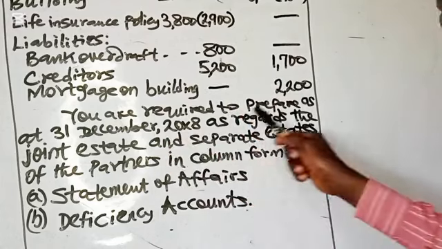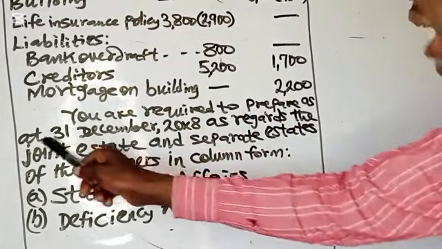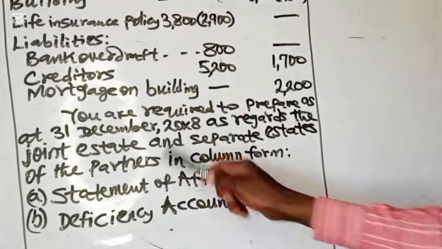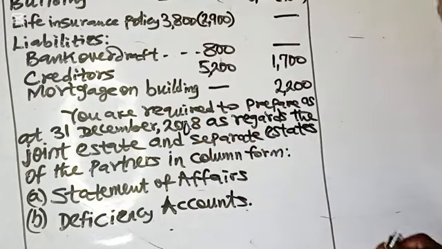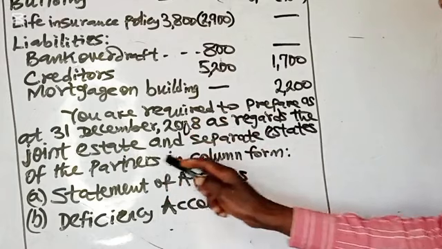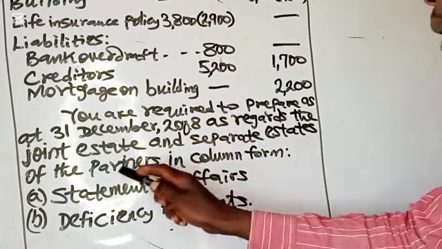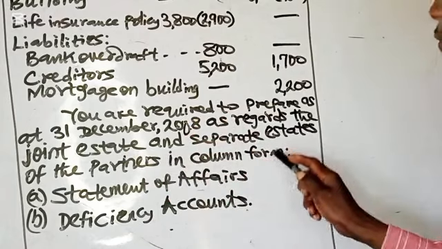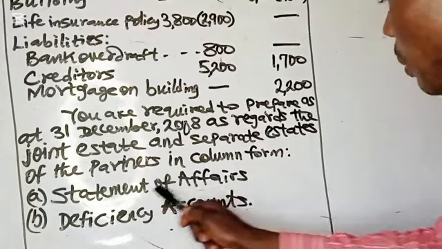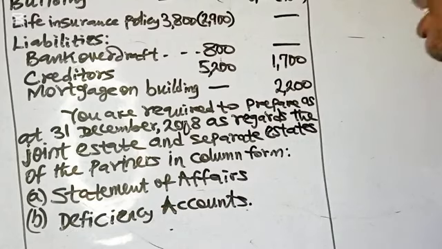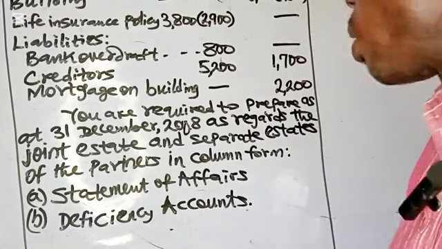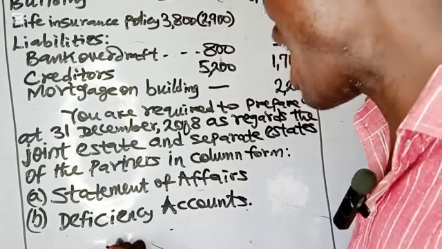You are required to prepare as at December 31st, 2008, as regards the joint estate and separate estates of the partners in column form. A. Statement of affairs. B. Deficiency account. This question is obtained from American study test by DI Publisher.